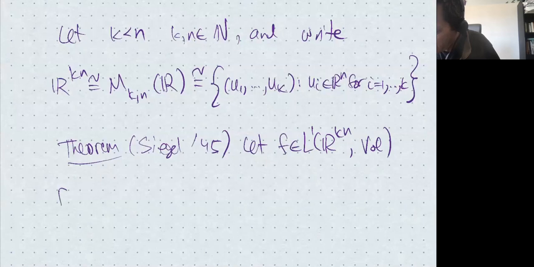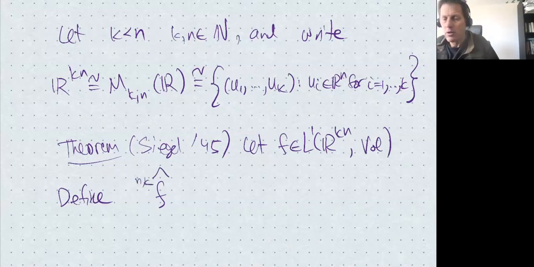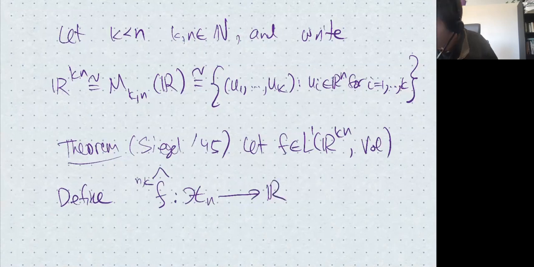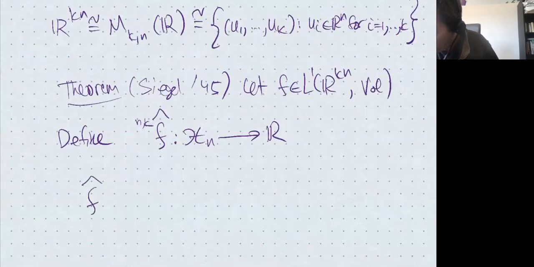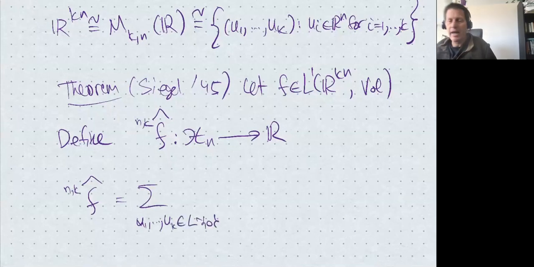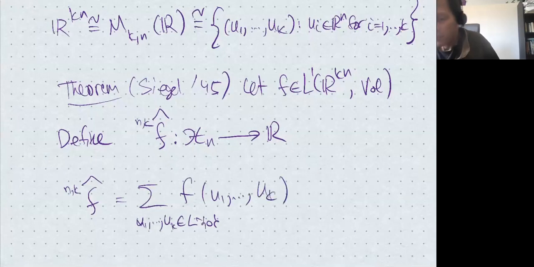And let's define one more transform. I'm going to write f hat with an n and a k next to it. This is going to be a function on the space of lattices, and the way it's defined: you take k-tuples of non-zero vectors and you evaluate f on this k-tuple.